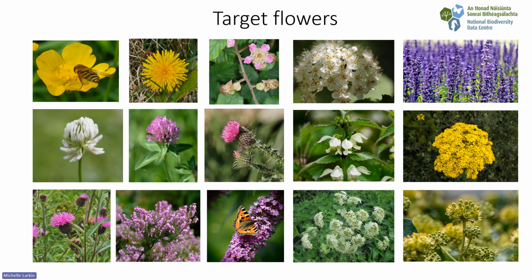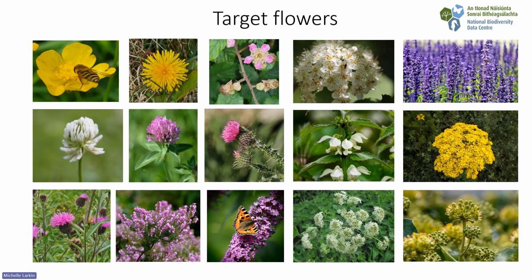A lot of these species will be growing at certain times throughout the year, but it allows us to get fig counts from different flowers that are blooming from April until September. So we have our buttercups, the dandelions. We also ask people to do fig counts on bramble, hawthorn, lavender, red and white clover, thistle.